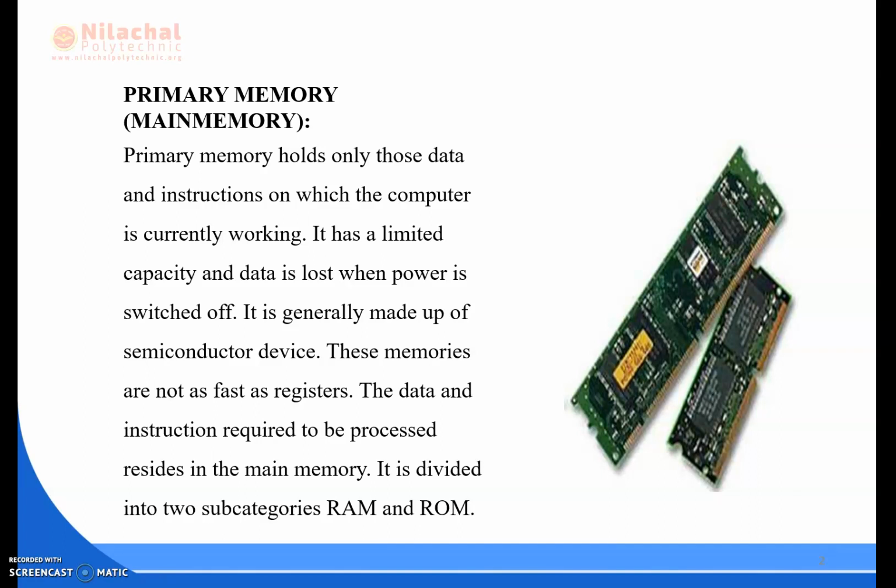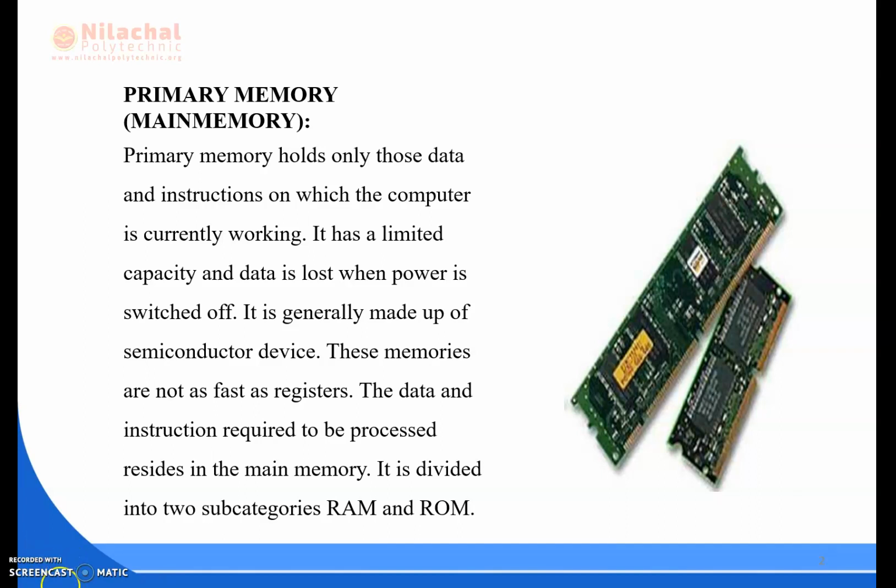Next, it is divided into two subcategories. RAM stores the currently working stuff, and ROM holds the instructions that are already pre-written. As a user, if we want to read or write anything, we can do it in RAM. But if we have some instructions that are already pre-installed and we only need to read them, then we will be using ROM. So this is the primary memory.